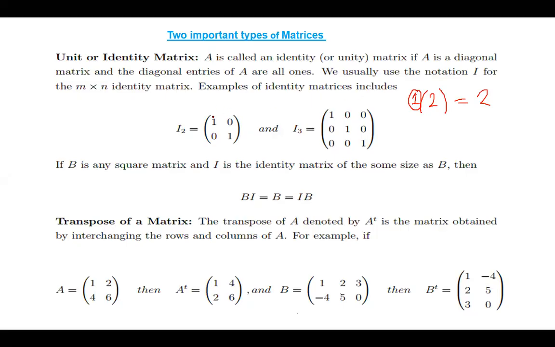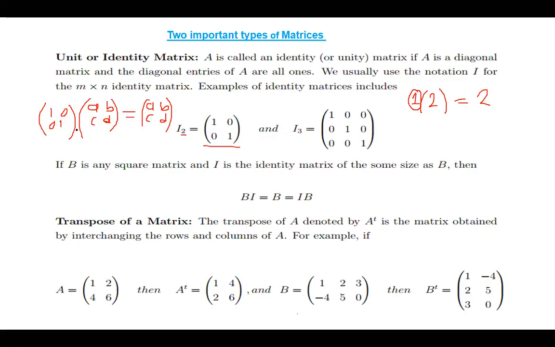Now, if you're having a 2 by 2 matrix, or a matrix with the order 2, the identity matrix is this one. So when you multiply this identity matrix with any given matrix A, B, C, D, as long as it's also in the order 2, you still get the same matrix, which is A, B, C, D. So when you multiply this identity matrix with any matrix, you still get the same matrix.